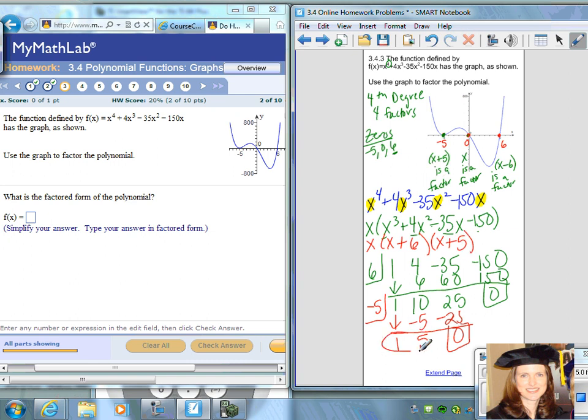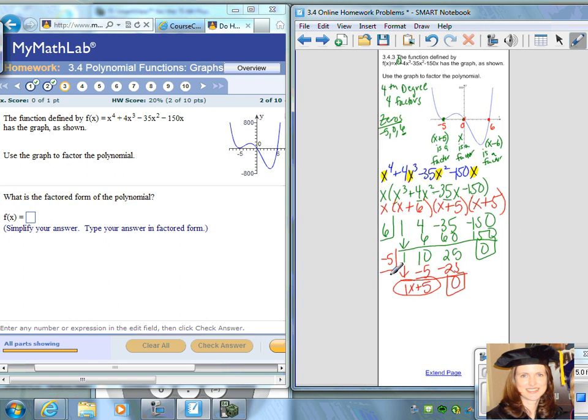And then also what we have left here, the 1 and the 5, corresponds to another factor of x plus 5. So this polynomial function can be factored as one factor of x, another factor of x plus 6, and another factor of x plus 5, that quantity squared. We say that's a repeated linear factor.